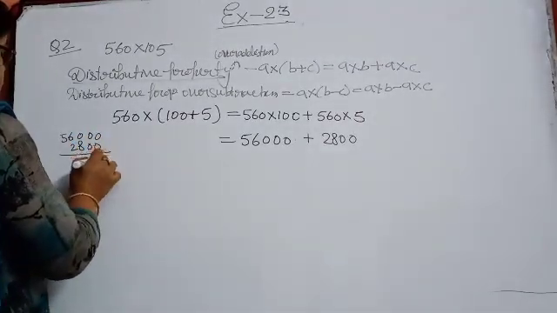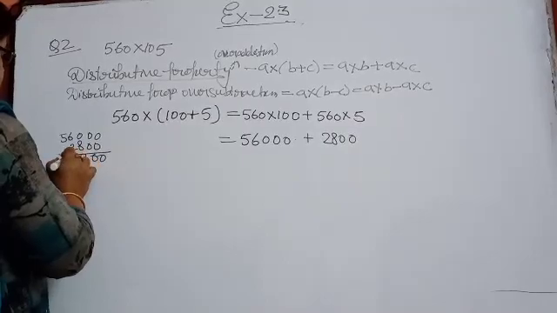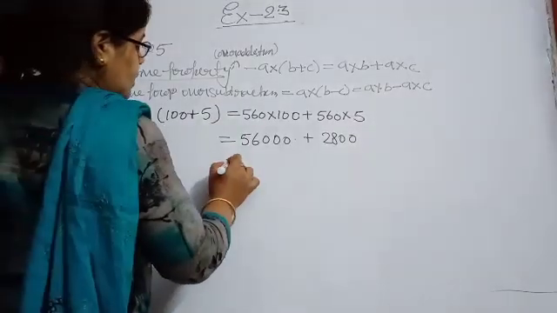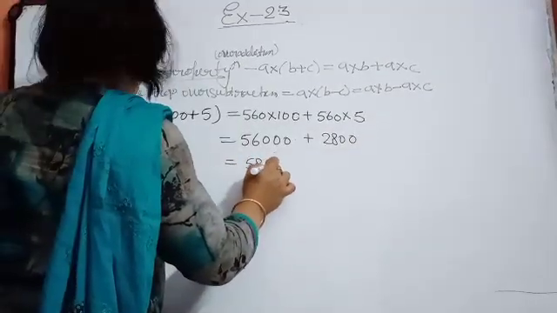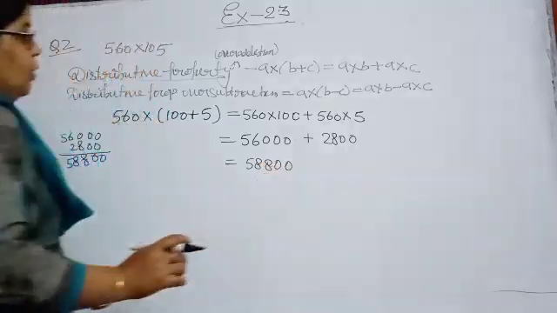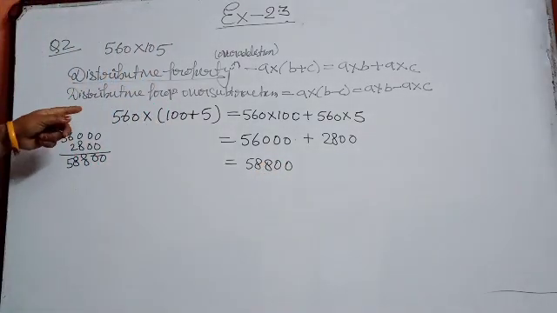So it will be 2800. Added, it will be 58800. What will be your answer? 58800.